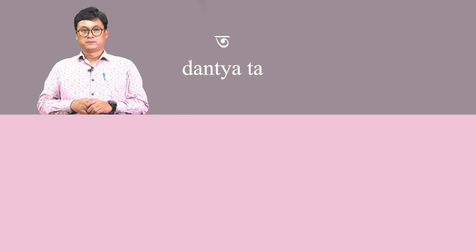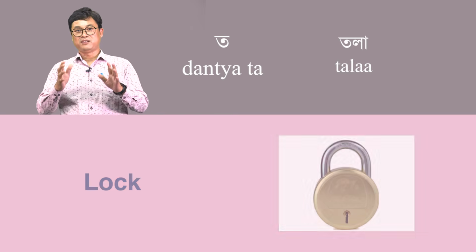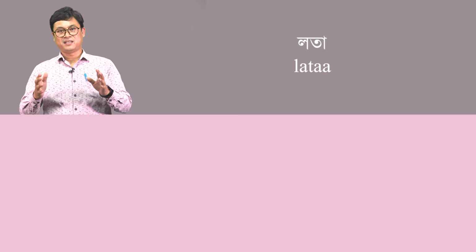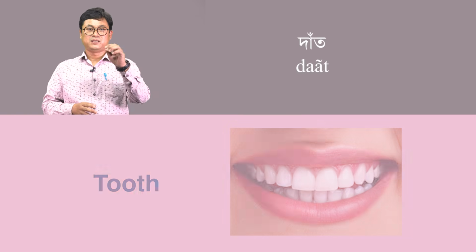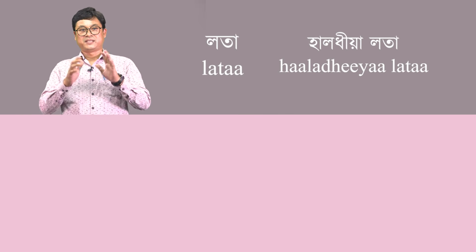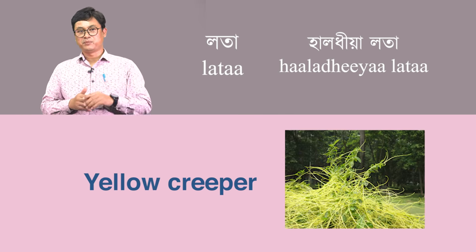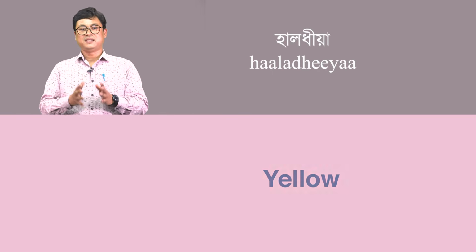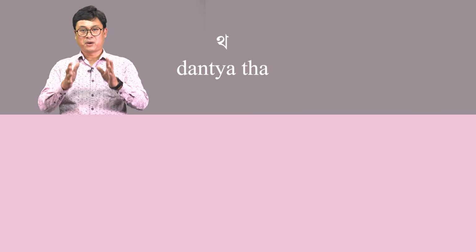Dontya to. To for tola, which means lock. Lota means creeper, and we can have the word dat, which means tooth. Let's make a phrase with the word lota. Halodia lota. That means yellow creeper, where halodia means yellow. Dontyo to.